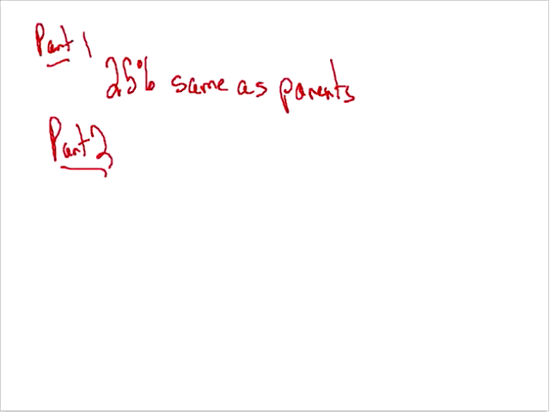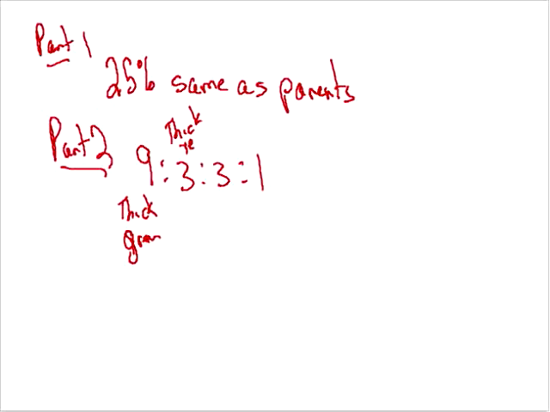Part 2, 9 to 3 to 3 to 1, stating 9 thick and yellow, or thick and green rather, 3 thick and yellow, 3 thin and green, and 1 thin and yellow.